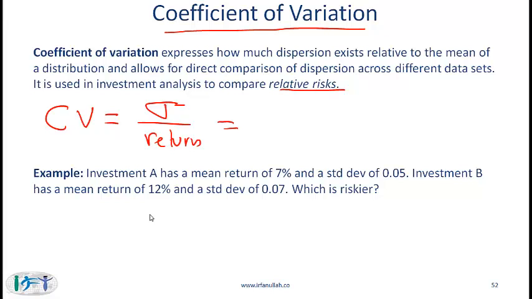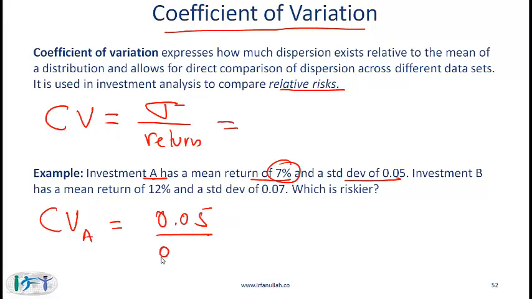So let us look at a simple example. You have investment A with a mean return of 7% and a standard deviation of 0.05. The coefficient of variation for A is going to be the standard deviation, which is 0.05, divided by the mean return. Since this is a percent, we need to convert it to a decimal, so that is 0.07.